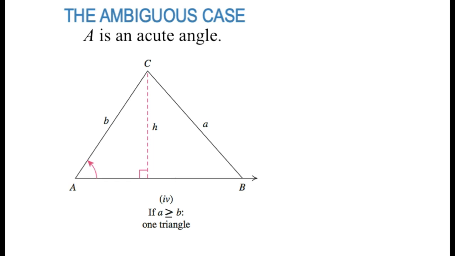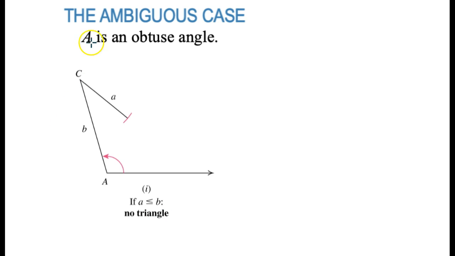Now, we actually also could talk about, well, what happens if this angle is obtuse? Be a little bit easier to visualize. So let's say that this angle is obtuse, and then we're given lengths for side B and side A. Now, if A is less than B, there's no triangle, right?